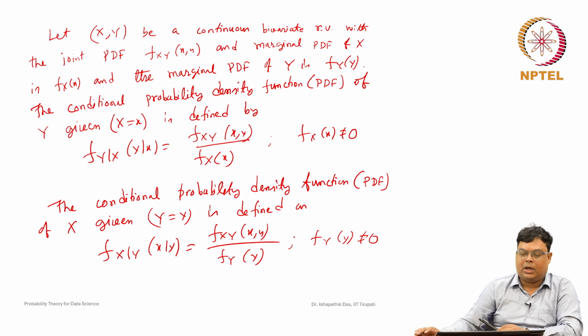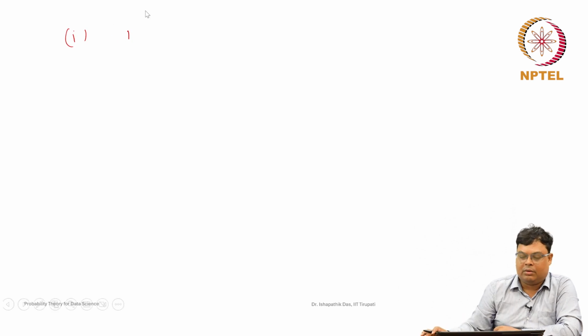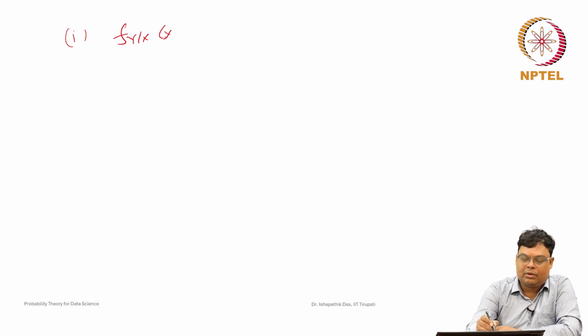Now, some of the properties are very similar to the discrete cases. Because it is a probability density function, f(y|x) should be greater than or equal to 0.